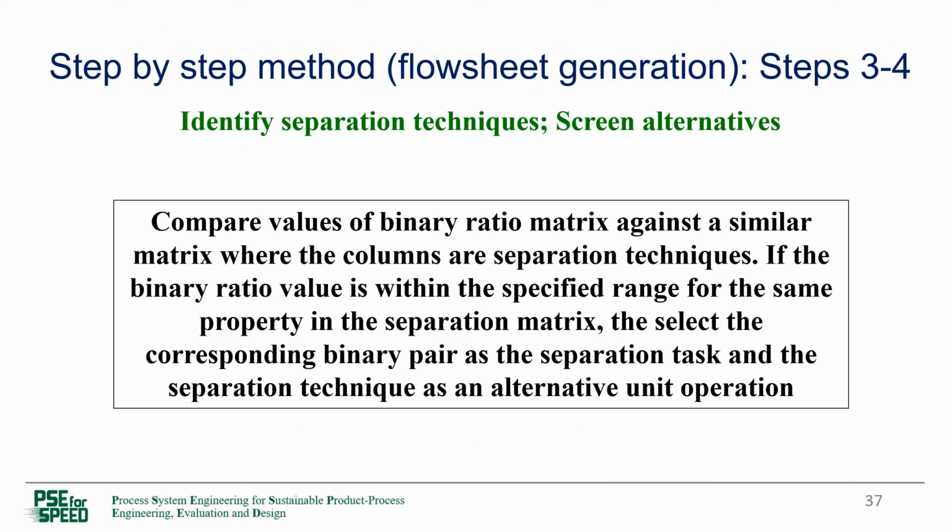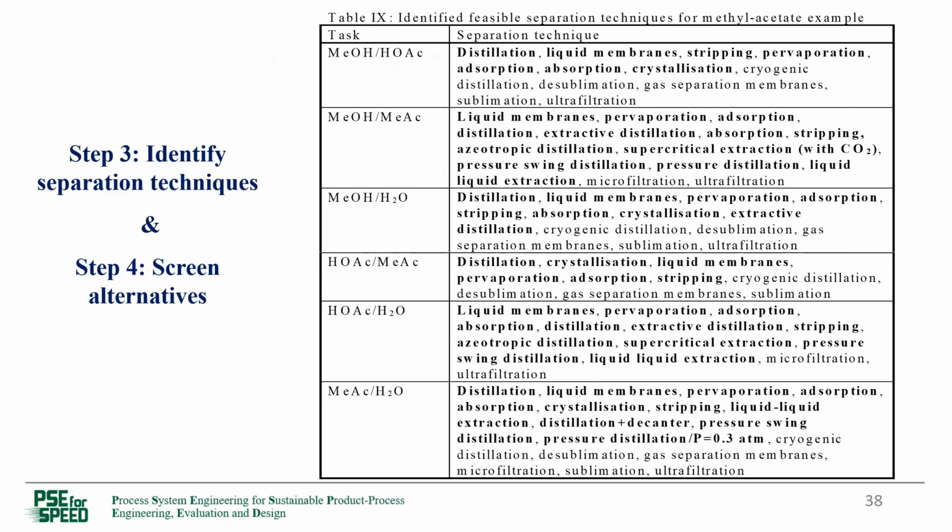So for every binary pair, it tells us in the second column which are the feasible separation techniques. And the ones that are bold are better than the ones that are not bold. So now with this information, we can actually generate the entire superstructure and generate all possible flow sheets.